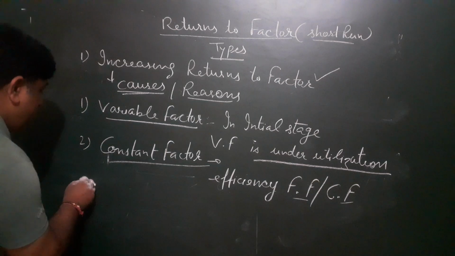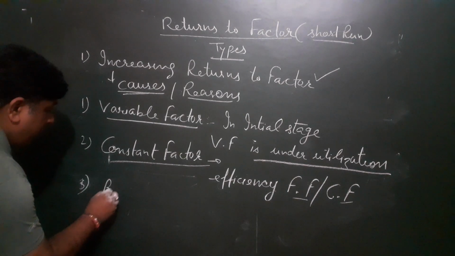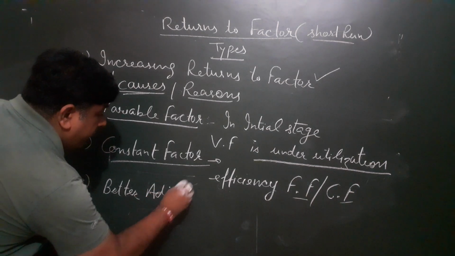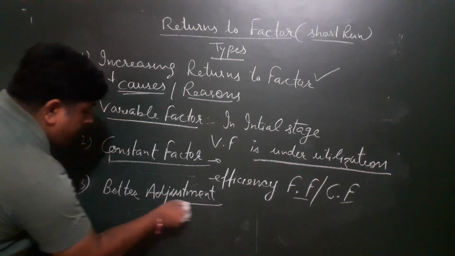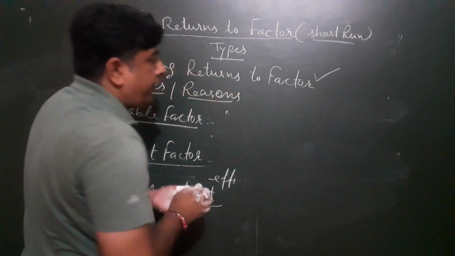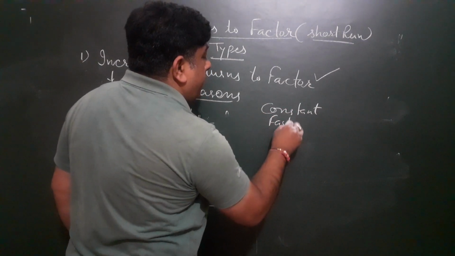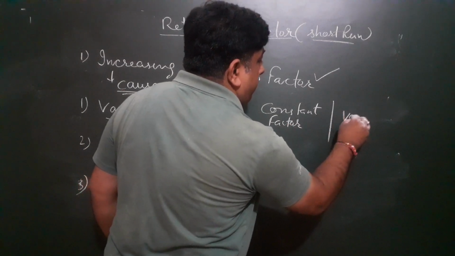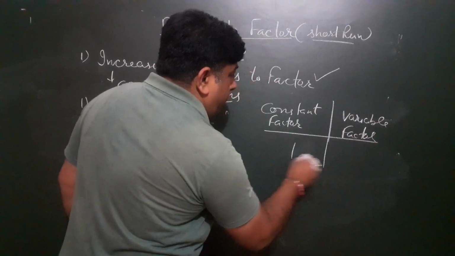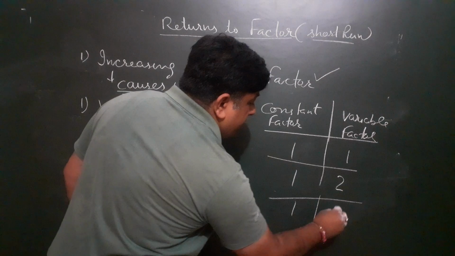The third one is better adjustment. Here we take constant factor 1 and variable factor 2, 1 with 3.